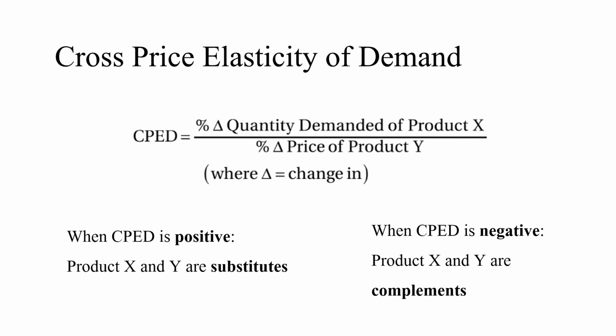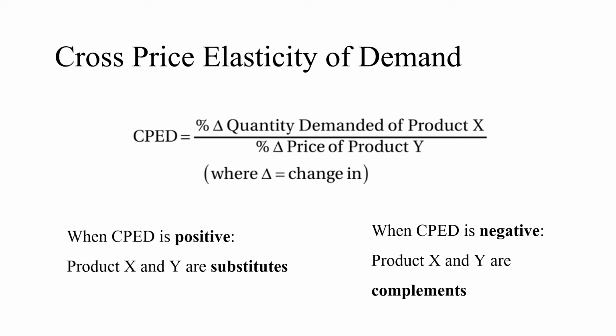Well, these coefficients can show us important facts depending on whether they're positive or negative. When the coefficient is positive, product X and Y are substitutes. However, when the coefficient is negative, product X and Y are complements.